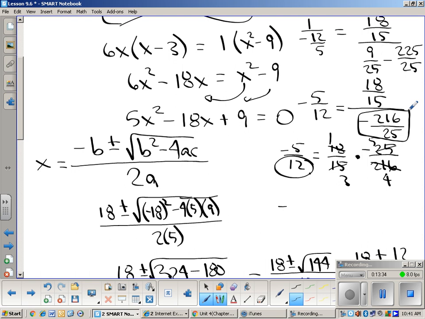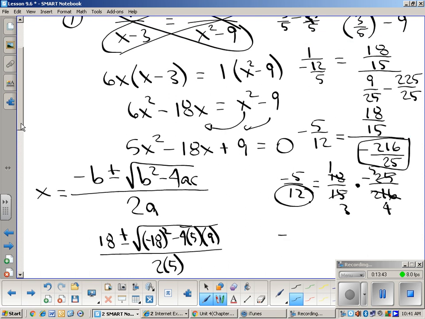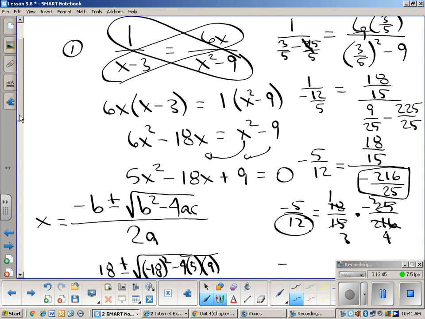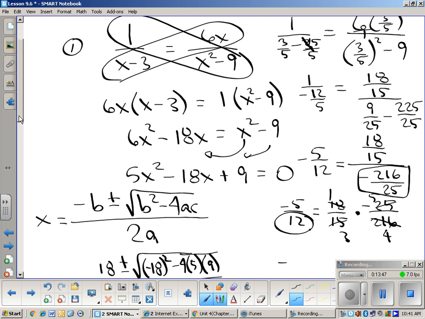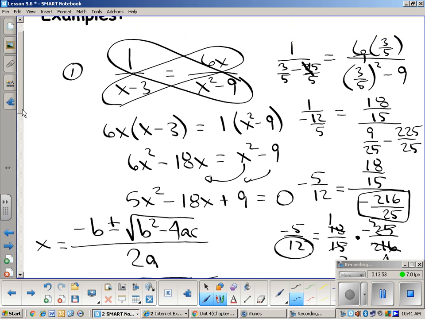Well, I agree that 18 goes into 216 more than 10 times, because 10 times 18 is 180. Where did I make a mistake? It should be 18 over 5. Oh, I made my mistake early on. 18/5. Good job.